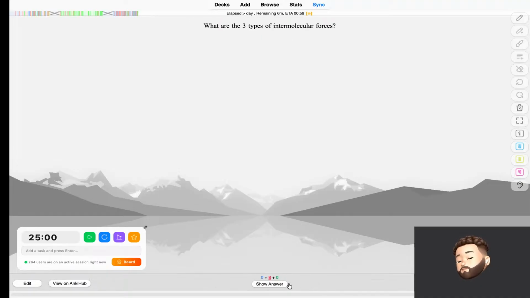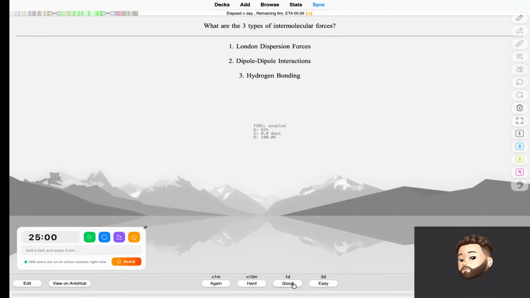Three types of intermolecular forces are hydrogen bonds, dipole, and London dispersion.